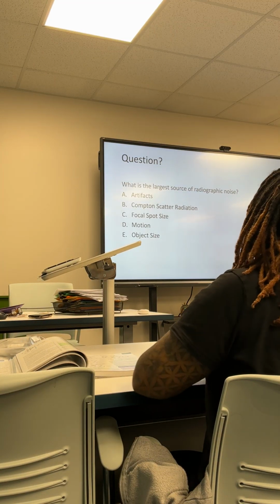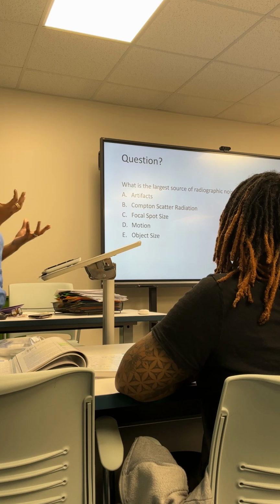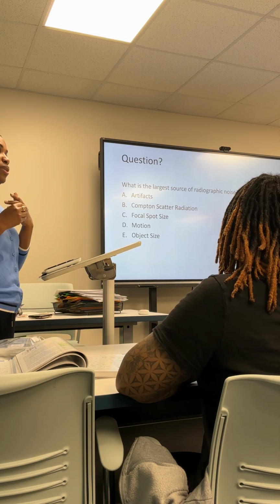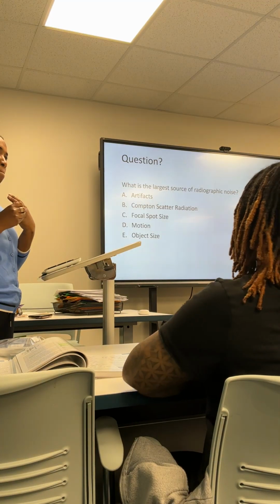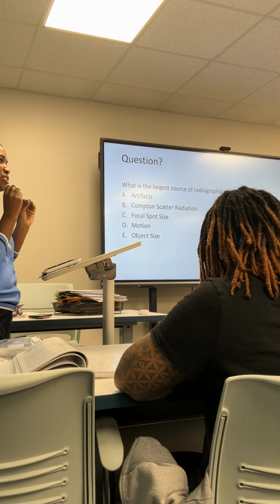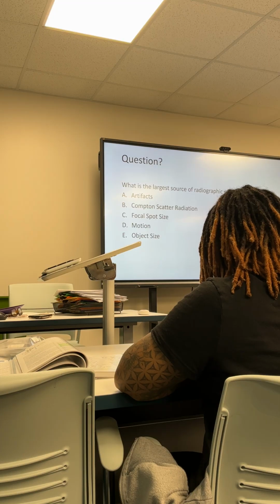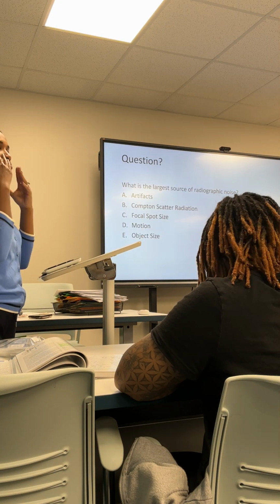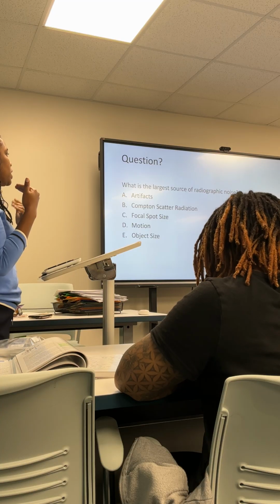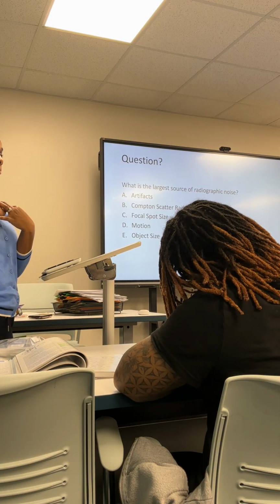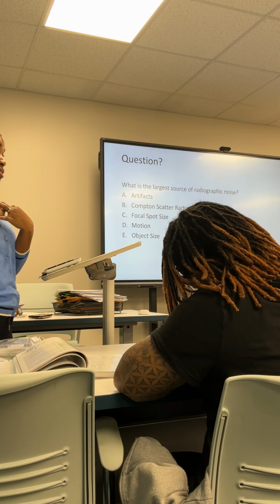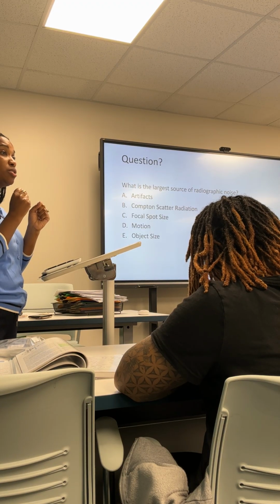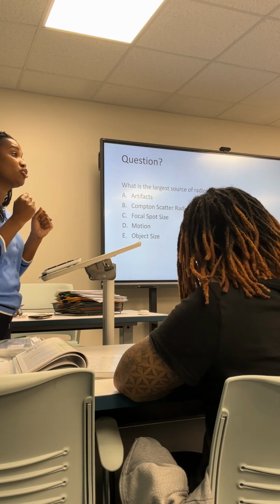So let me tell you why it's not motion. What word goes with motion? You said it the other day. Spatial resolution is what? Sharpness. So if you have unsharp edges, it's usually because the patient has motion.